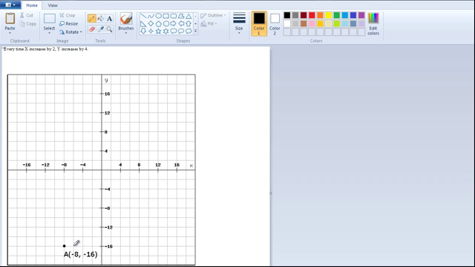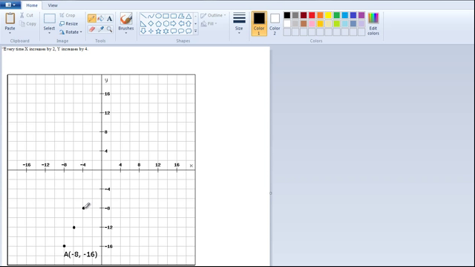And that's 2 squares, because we go from minus 16 to minus 12, and the distance is 4. Now, when we create this point, we can do the same thing again. When we increase x by 2, 1 square to the right, we increase y by 4. So we go 2 squares up.